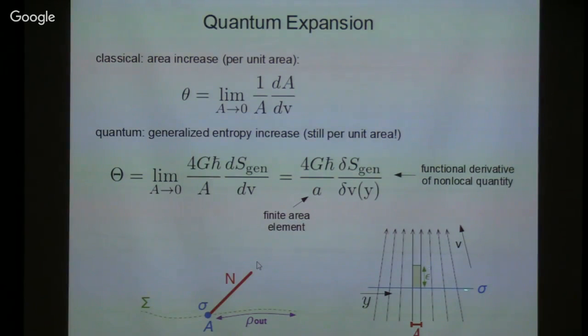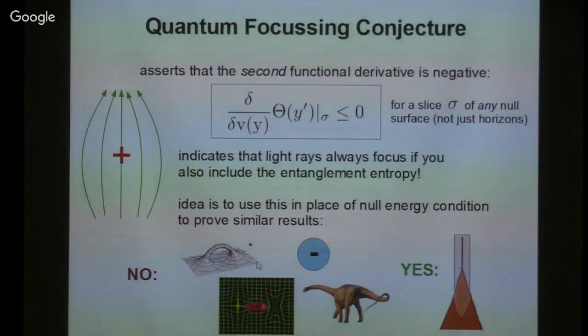We can then just think of it as taking an infinitesimal change of which cut we're taking. And that is a functional derivative of this quantity, the generalized entropy, with respect to this null coordinate. So then, in order to try to extend these results to quantum situations, we proposed a conjecture that we call the quantum focusing conjecture.